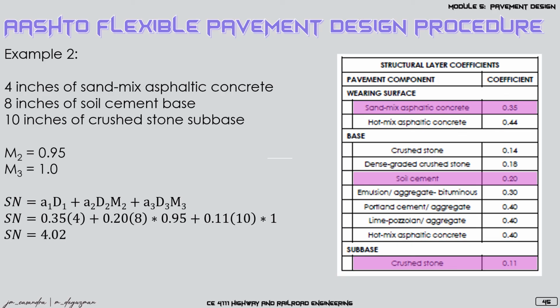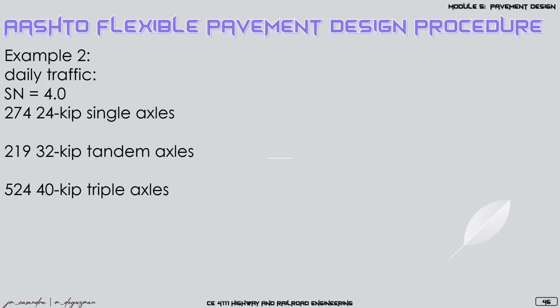So in this case, our structural number is 4.02. We can approximate this as equivalent to 4.0 so that we don't have to interpolate. Okay? So with this, we can now solve for our equivalent factors.